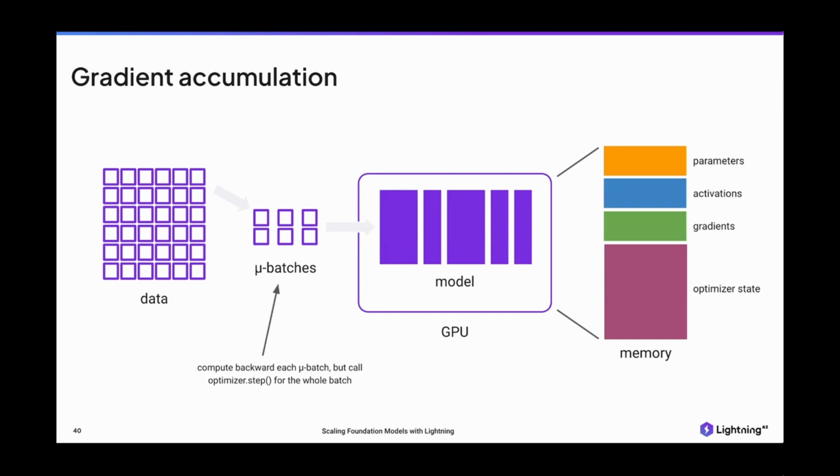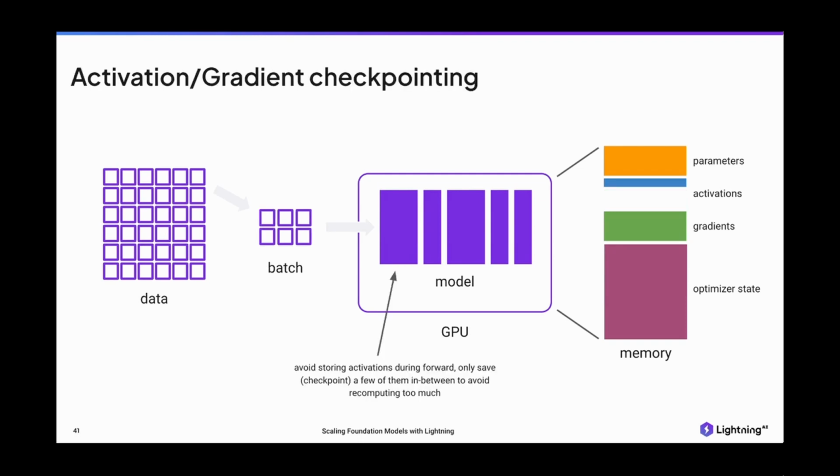And then at the intervals that you want, you will actually compute the backward step and compute the gradients and call the optimizer step. So the backward step is called every time, but then the optimizer step is applied only after accumulating the gradients. And so this is a cheap way to increase your batch size.